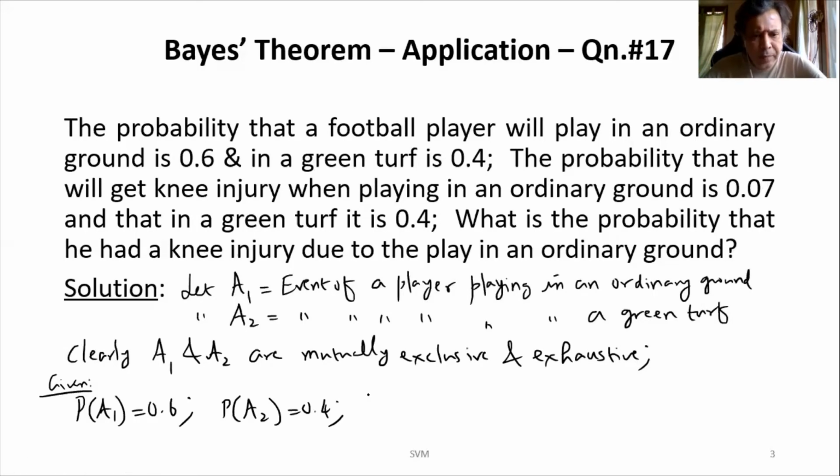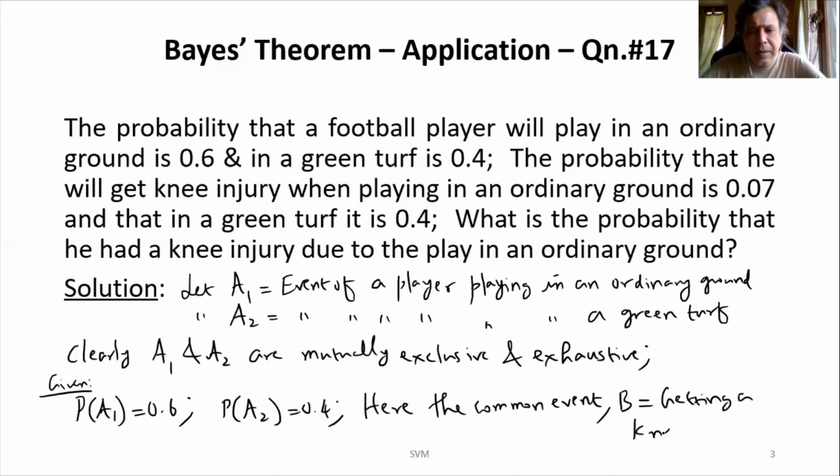So here the common event, B, is getting a knee injury. That is possible in both the grounds. Let us continue this in the next page.